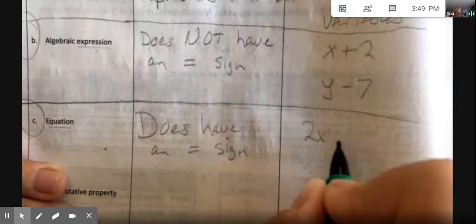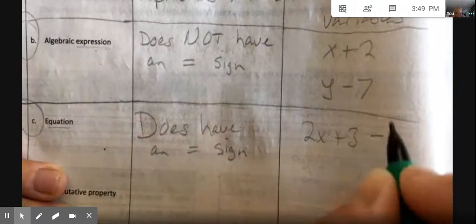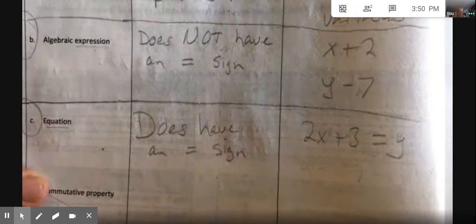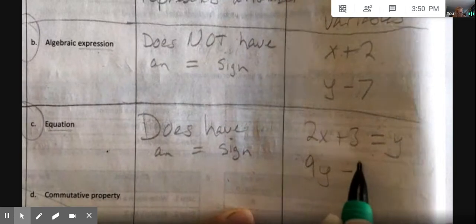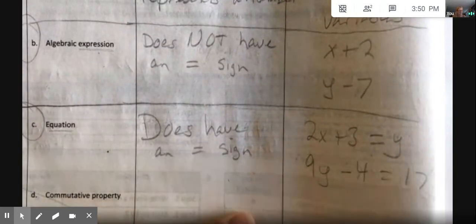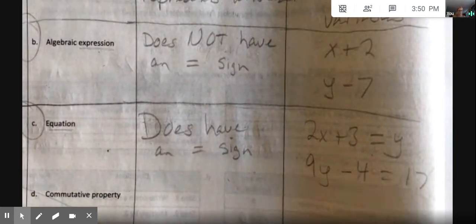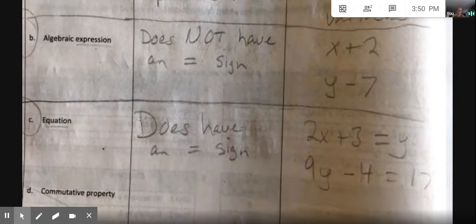But an equation does have an equal sign. So that would be like 2x plus 3 equals y, or 9y minus 4 equals 17. They have an equal sign. And that's it for this lesson.